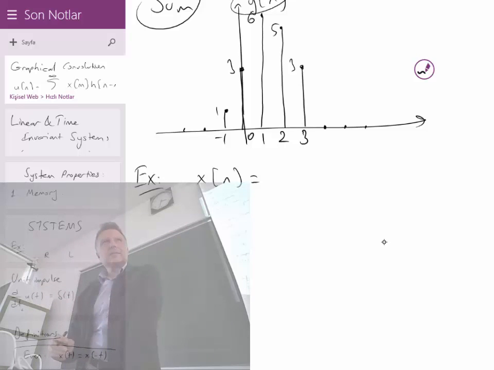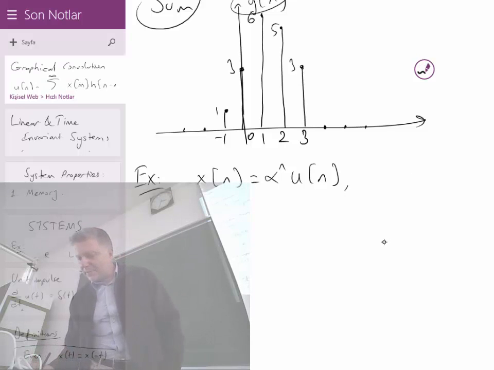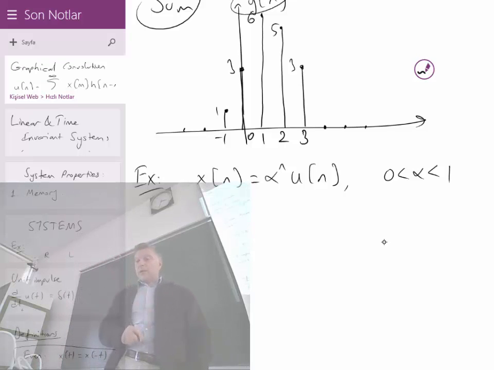X of n is not very graphical this time. It is alpha to the power n u of n, where alpha is less than 1 and greater than 0. It's a positive, let's say, small number, so that this series converges.